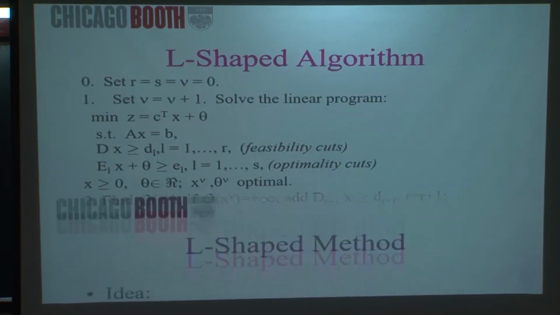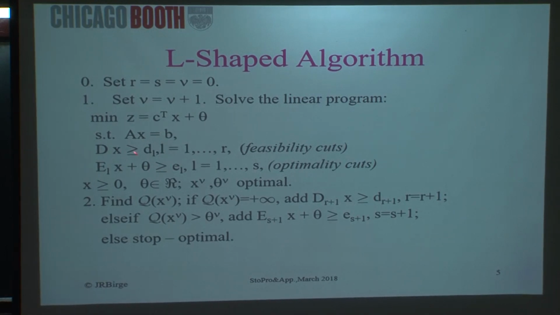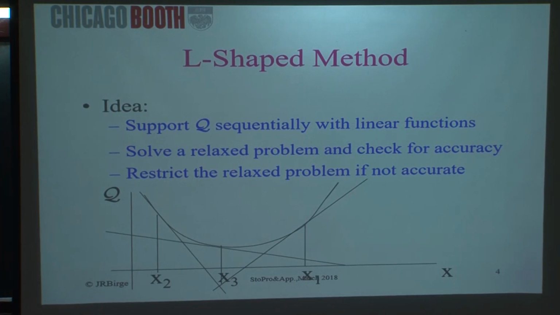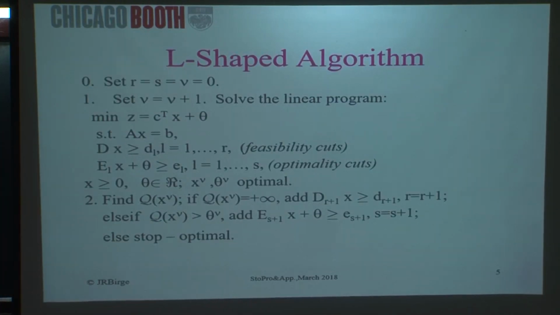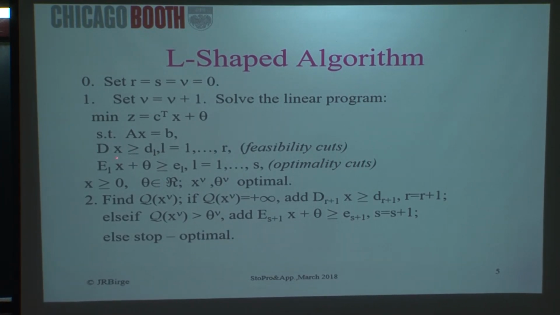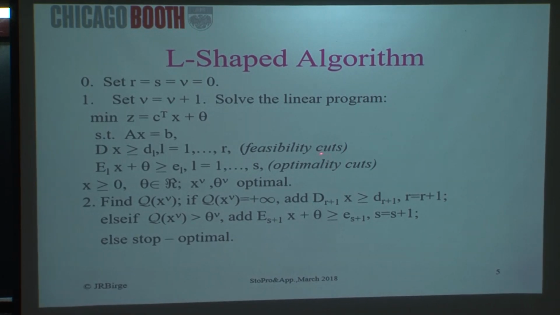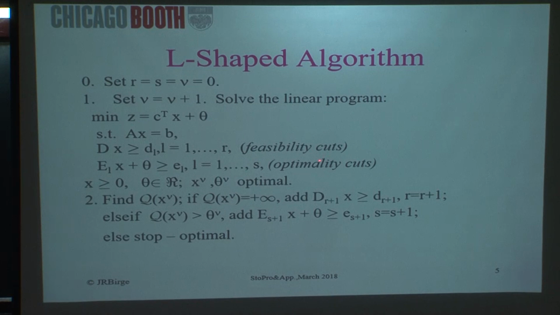These linear constraints on the outside, like this, are called optimality cuts. Any constraints that make sure you stay in a region where you're guaranteed a feasible solution in the second period are called feasibility cuts.